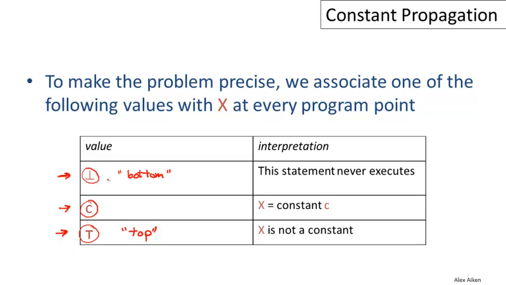The interpretation of bottom is that this statement never executes. So when we don't know whether a statement is even executed at all, we will say that x at that point has a value bottom, meaning that as far as we know, that point in the program is never reached. It doesn't matter what the value of x is at that point because that statement never executes. So we're going to assign x one of these three kinds of values: either bottom, some constant, or top.